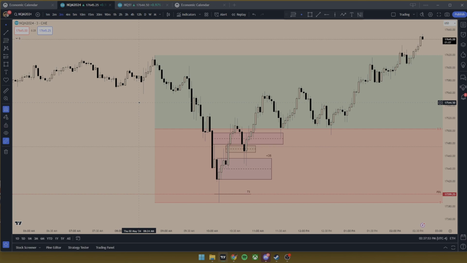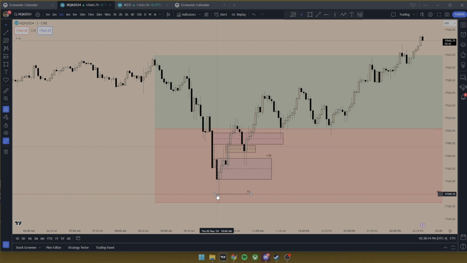That means that you're going to be treating PD arrays like fair value gaps and order blocks as discount arrays if they are near equilibrium when we are in a buy program. The same thing is true if we are in a sell program, just flip the logic. So what do we see here?